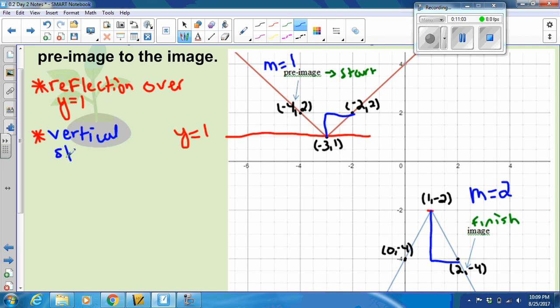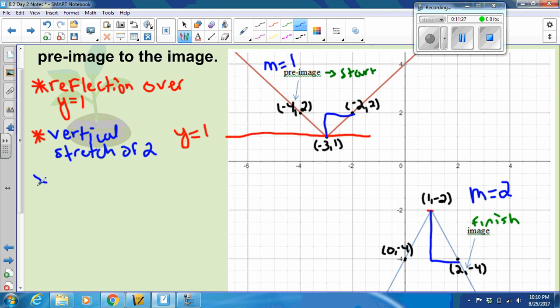And it's a vertical stretch by a factor of 2. Now, if we went the opposite, okay, so we went from 2 to 1, then that's when we would say, oh, we multiplied by 1/2, and that would actually technically be a vertical shrink. So at least you now know a little bit of difference.